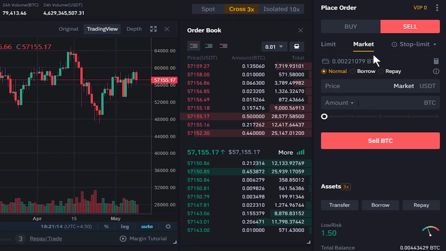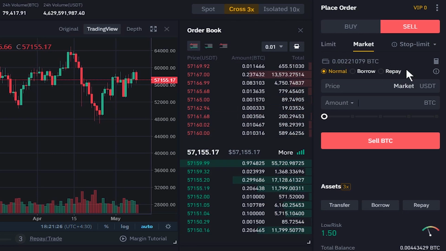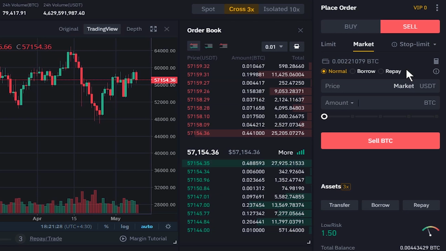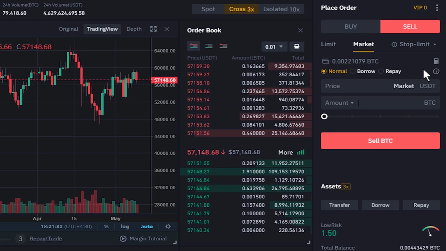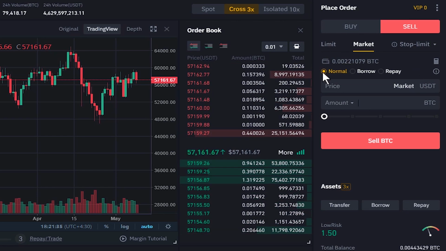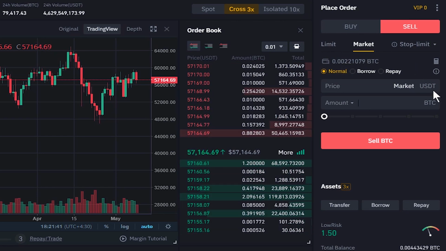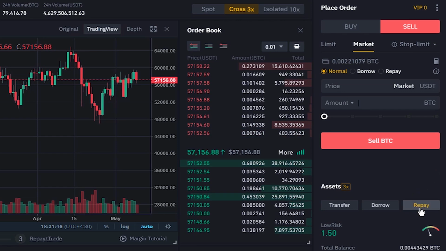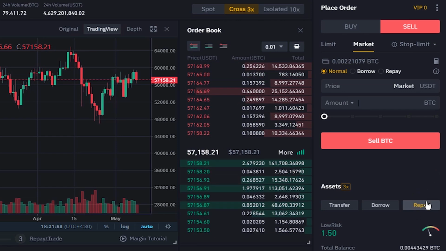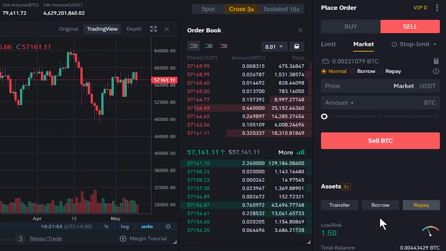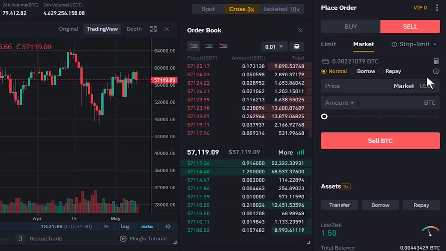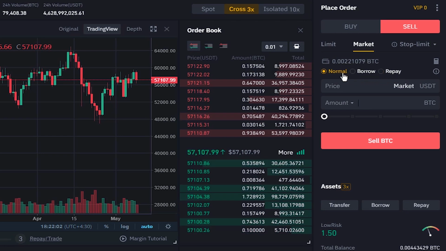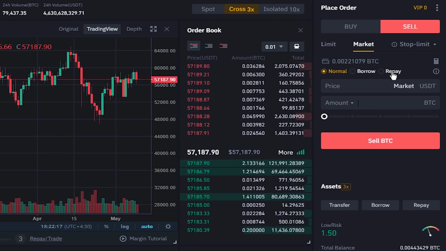So after selling the BTC, the resulting USDT will be used automatically to repay the debt if it's enough. Or the other way is just selling the coins normally and then repaying the debts with this button here. Let's do it this way because in this example, we also borrowed here before the trade. And later I'll explain borrowing and repaying with these options in another example.